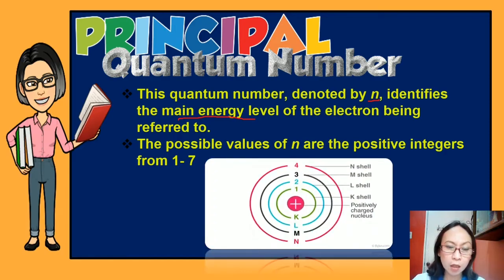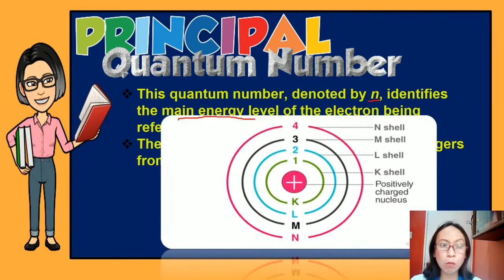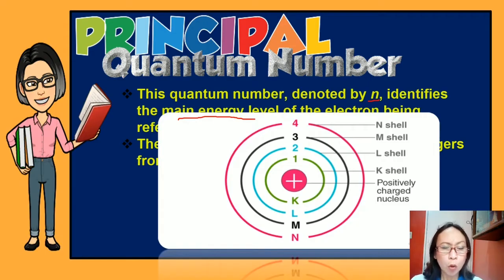So using Bohr's model of an atom, this is the first main energy level, that's 1, 2, 3, and 4. So we have to give emphasis on the last main shell, or the last main energy level, if we want to derive the correct principal quantum number.